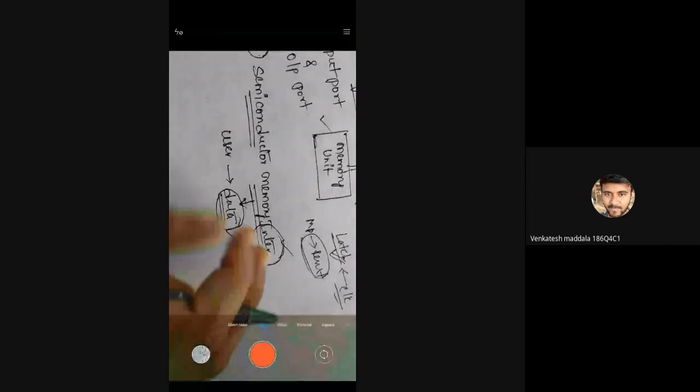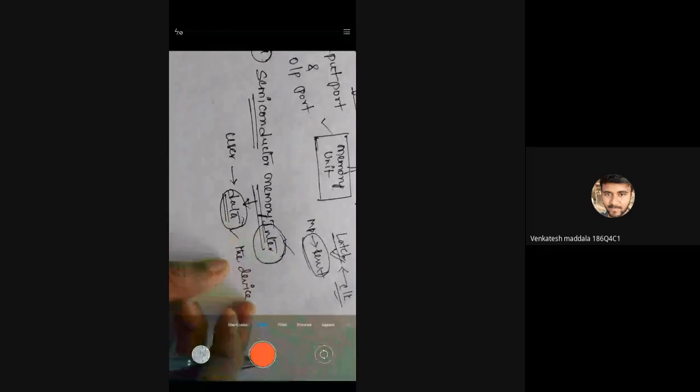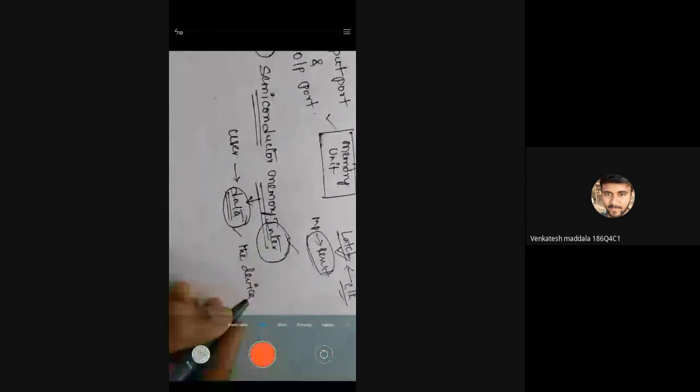The device or location or space which is used to store this data is called memory.